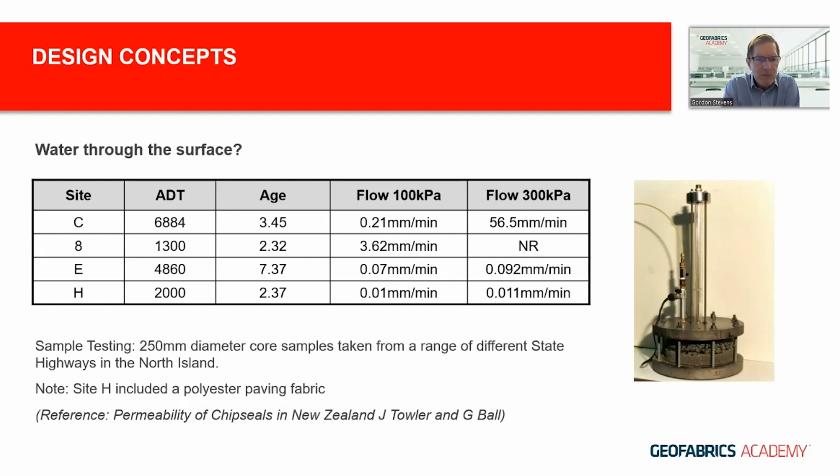Some observations from this: site H included a polyester paving fabric, hence the lower flow rate entering into the pavement through the surface. And site E actually had a bitumen-bound base course. But even then, you can still see that there's water entering through into the pavement.